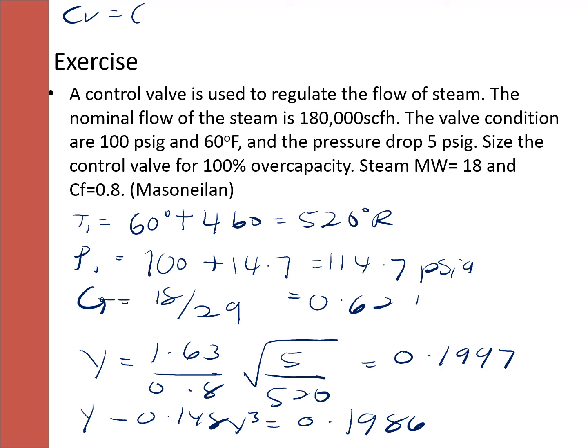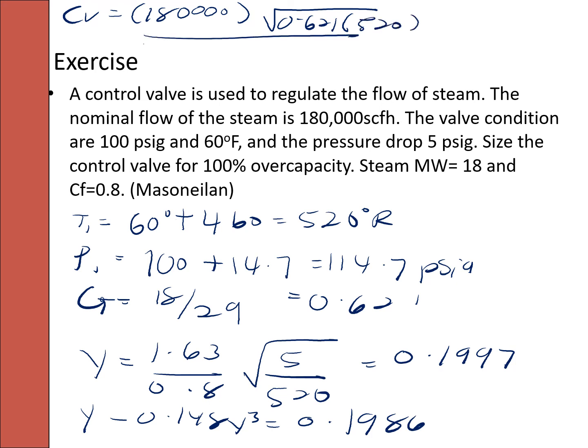Okay, so to calculate the CV, basically you use the gas flow formula, then you rearrange it back. So this is the gas flow, times the square root of G, which is 0.621, times temperature 520, over 836, times 0.8, which is our CF, times P1, 114.7, times Y, Y minus 0.148, Y to the power of 3.